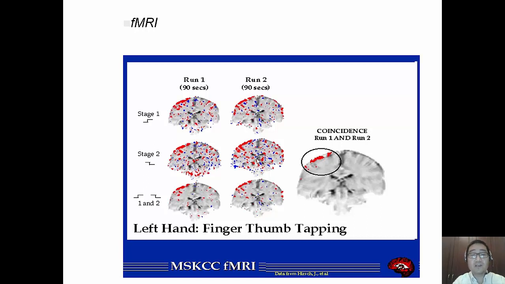Then you compare the baseline with the active images, and you will see which area has a significant change that is correlated with the action you're doing. In this example, this is a finger tapping application. Of course, it's critical in this kind of application that there is no motion between stage 1 and 2, the baseline and the active, so you will be able to compare the changes accurately.